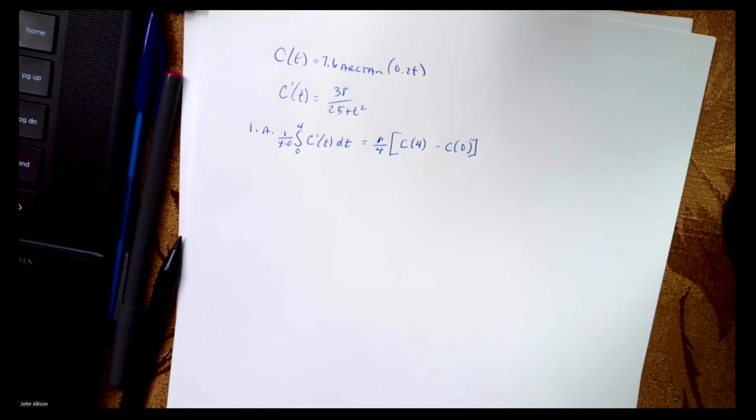So now I'm going to make sure my calculator is in radian mode. It is. And I'm going to calculate. Let's just go ahead and do y equals. I'm going to go ahead and put 7.6 arctan in the calculator. Of course, that's second tangent. 0.2 times x in the calculator.